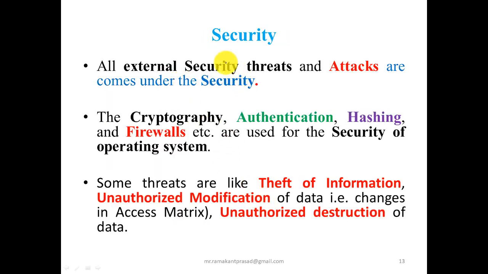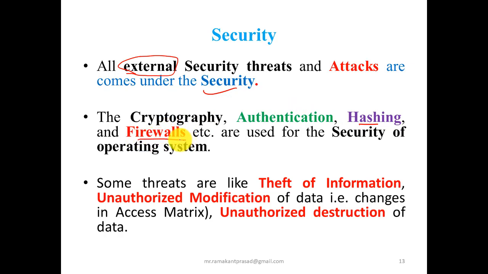Here we are going to discuss the security mechanism of the operating system. So what is security? All the external security threats and attacks come under security. There are cryptography and authentication. Cryptography means encryption and decryption. Authentication means user ID and password. Hashing is a mathematical function that can be used from the security point of view.